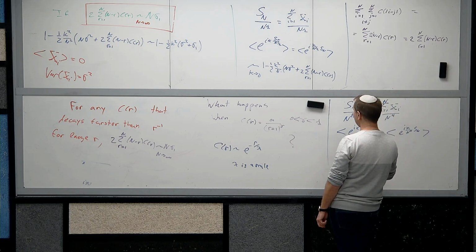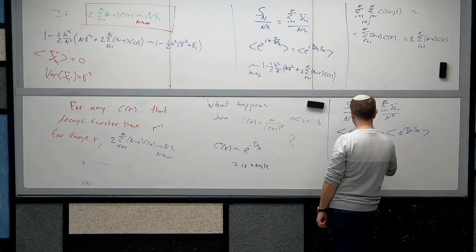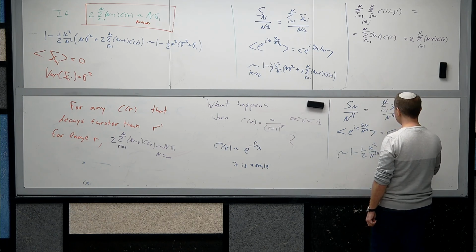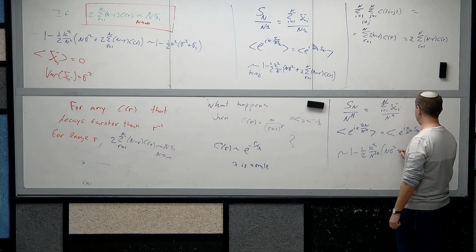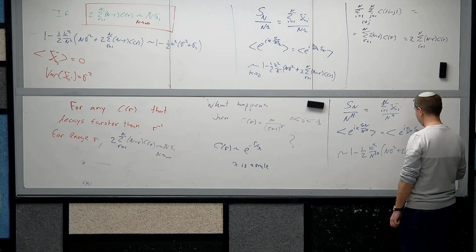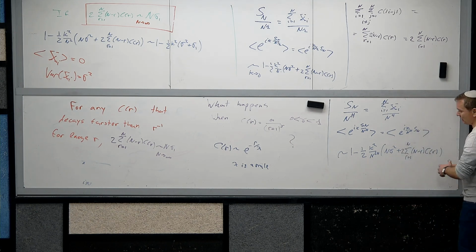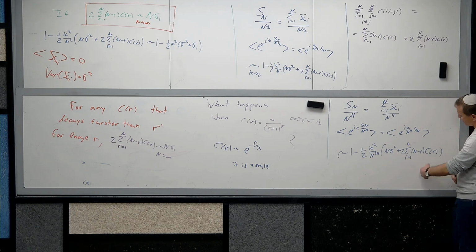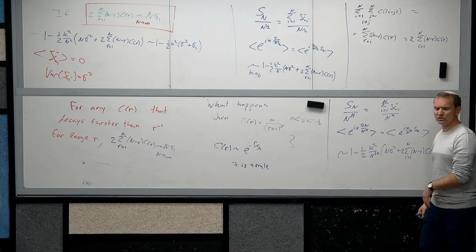Approximately it's going to be 1 minus 1/2 k squared. Here I have n to the power 2h, and here I have n sigma squared plus 2 summation r goes from 1 to n minus r, C of r. I'm looking only at the expansion up to second order because I believe that everything that comes afterwards should converge as well.